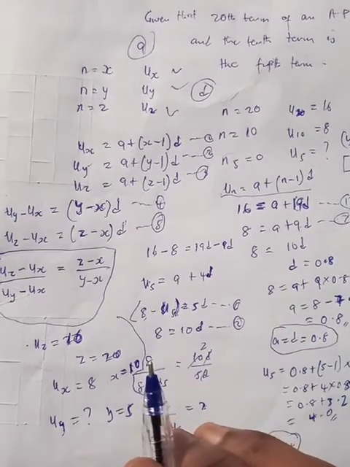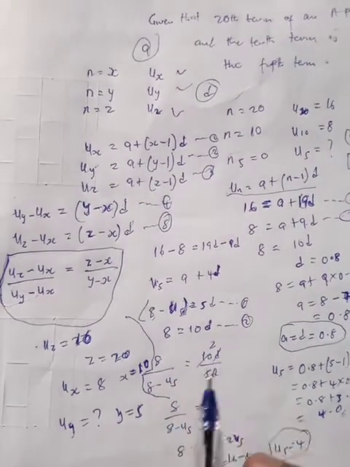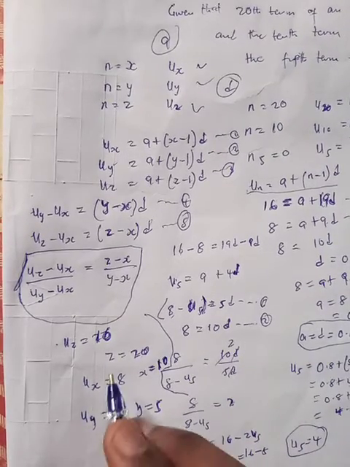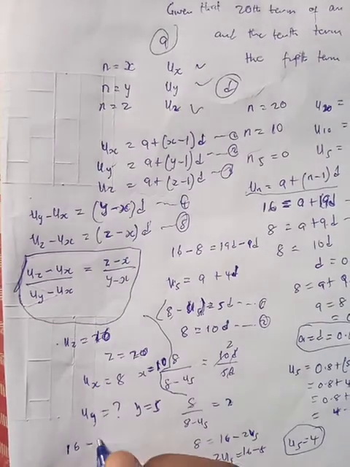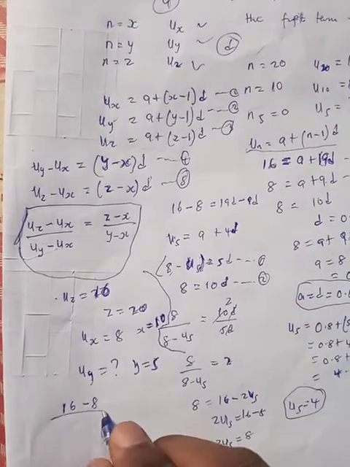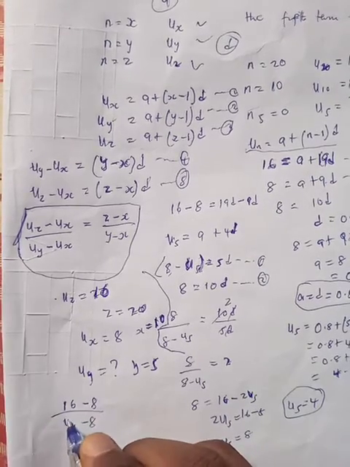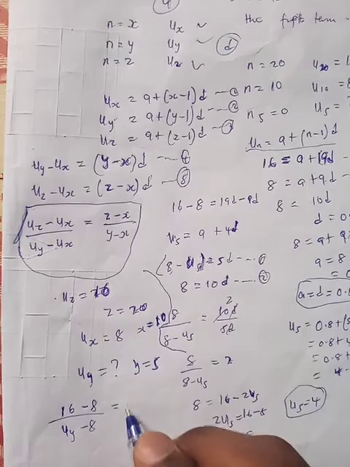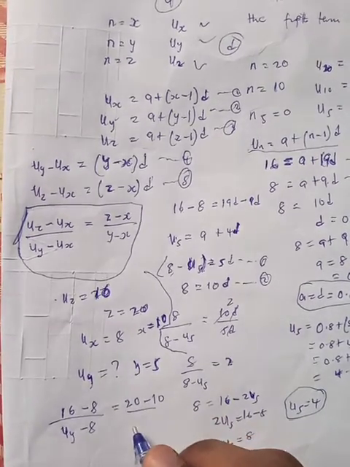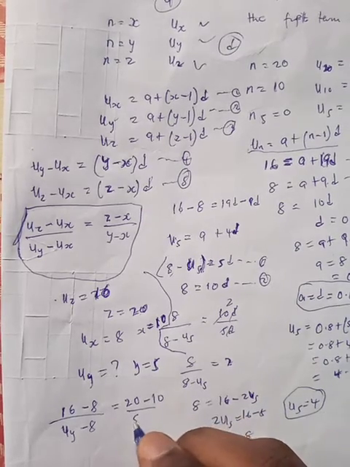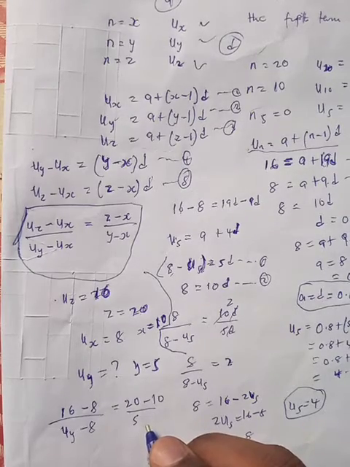So what will we do now? We substitute all this into the equation and we'll get a simple result. So we have uz, which is 16, minus ux, which is 8, all over uy, which we don't know, minus ux, which is 8, is equal to z, which is 20, minus x, which is 10, all over y, which is 5, minus x, which is 10.